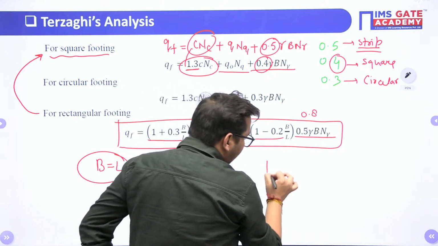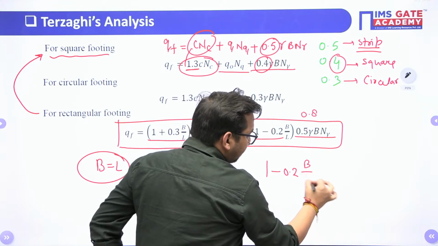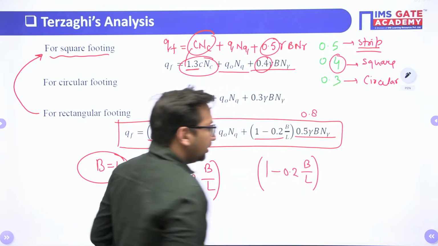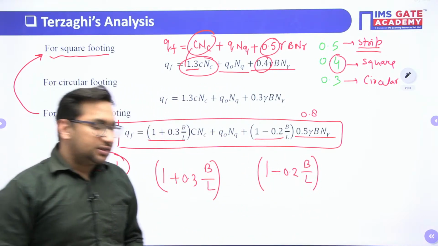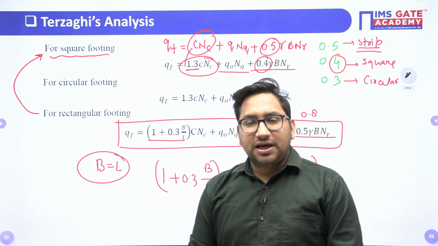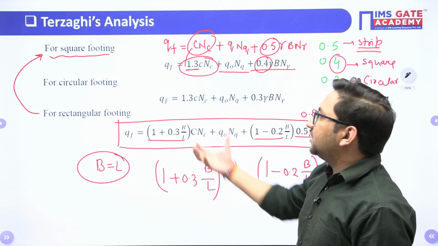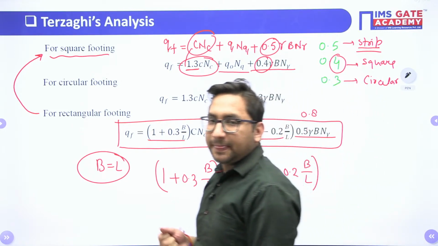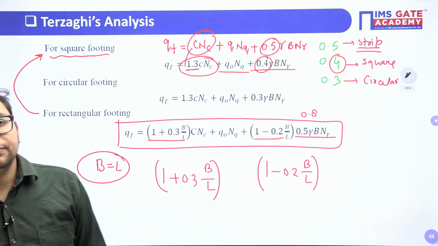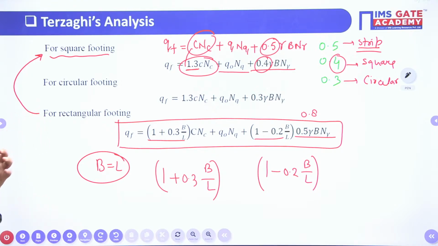So you can remember 1 minus 0.2, that is 0.8, when B and L are equal, right? So from here, if you somehow are not able to recall the formula in the exam, or if you forget it, you can make this formula like this also. I hope this is clear. Is this clear, Rakesh? So this is the major change due to the different shape of footing, right?